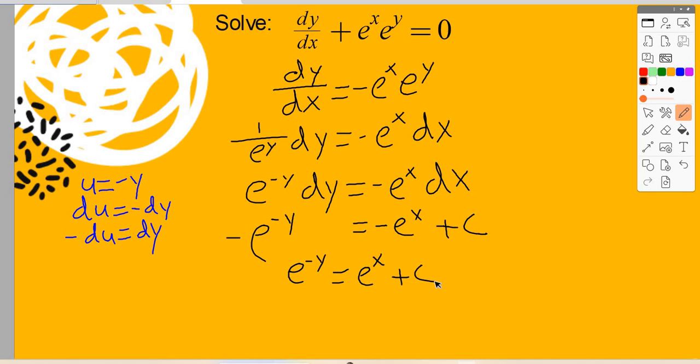Because again, those are inverses. If I already have a natural log, I raise it to the e power. But if I have an e, then I have to take the natural log. So my natural log would undo with this side. And then I would have the natural log of all of this. And then I can multiply by a negative.